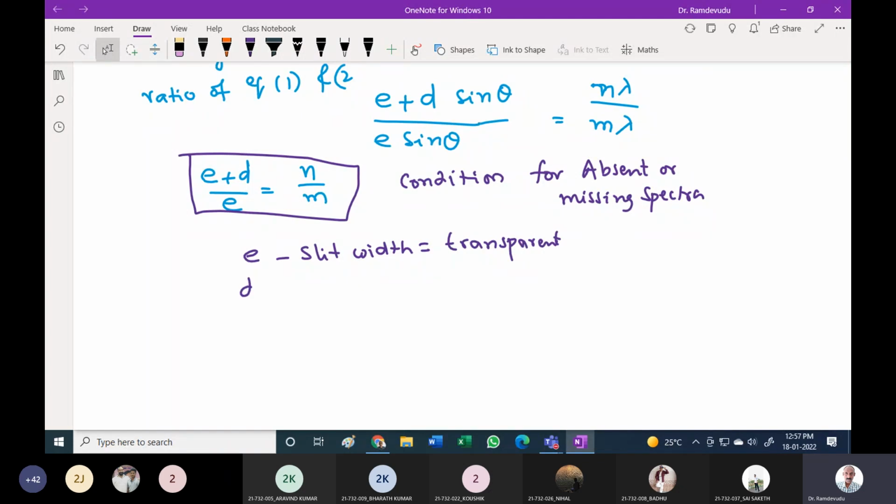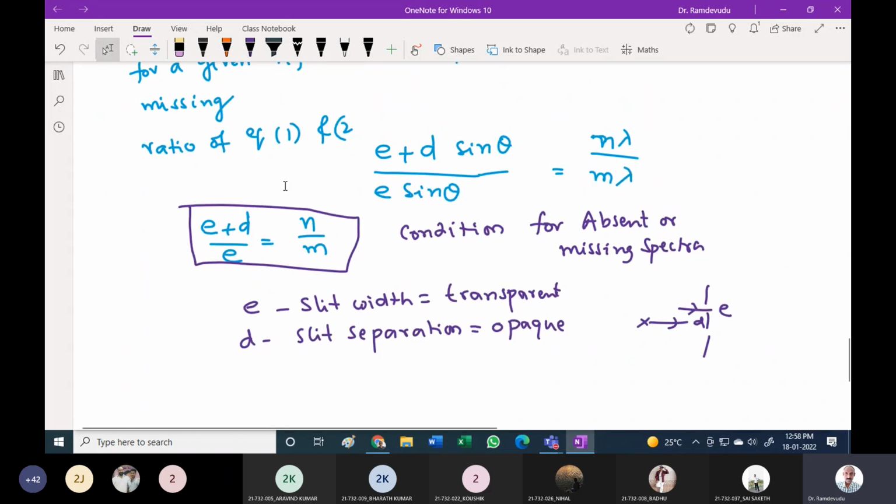D is actually the slit separation, that is the opaque place separation. So this is opening e, therefore it is transparent for the light. This is d, the light will be stopped by it. This is separation, so slit separation is opaque.